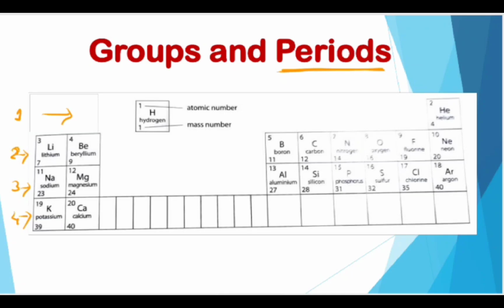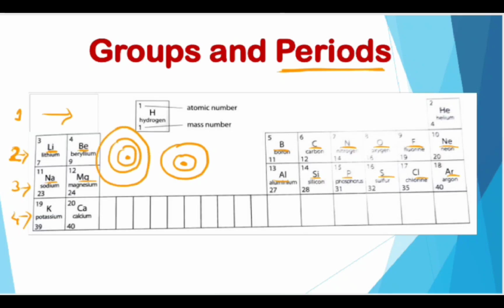Period 2 signifies that these elements, lithium, beryllium, boron, carbon, nitrogen, oxygen, fluorine and neon, will have 2 shells around the nucleus. Sodium, magnesium, aluminium, silicon, phosphorus, sulfur, chlorine, argon will have 3 shells in their atoms.